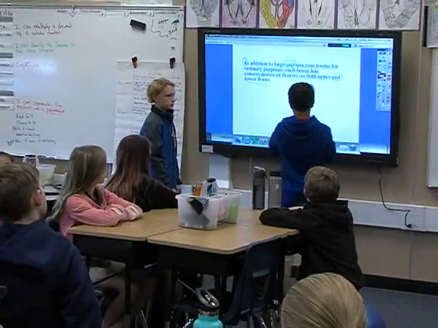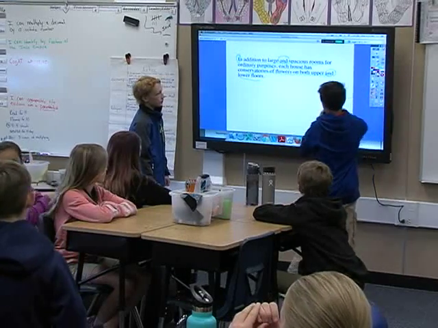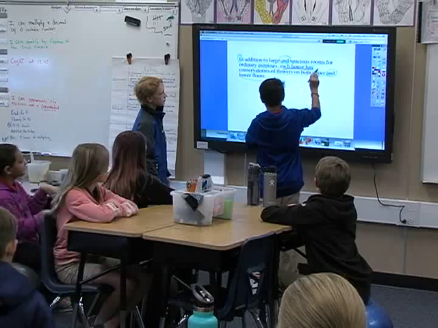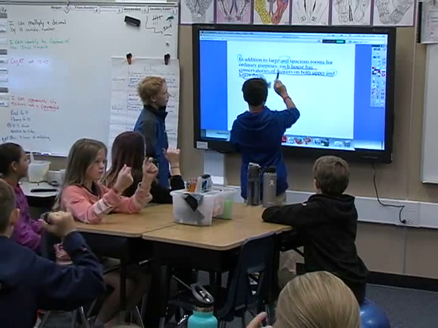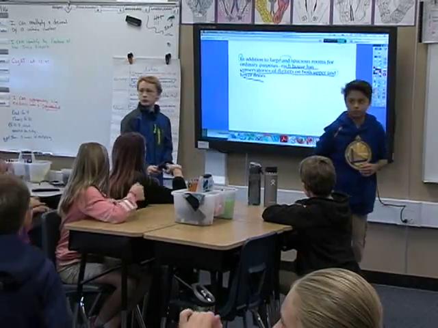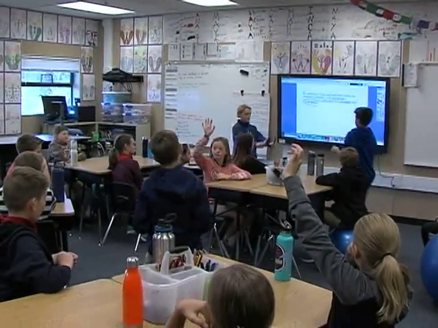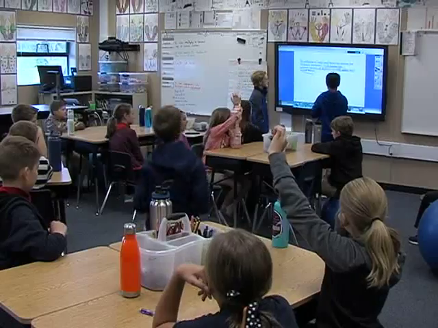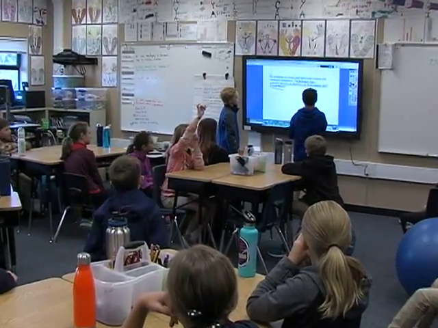I'm going to disagree with part of Jillian's. I think this is an independent clause because it can be a whole sentence. And what makes it its own sentence? Because it has a subject, each house, and then it has a predicate.